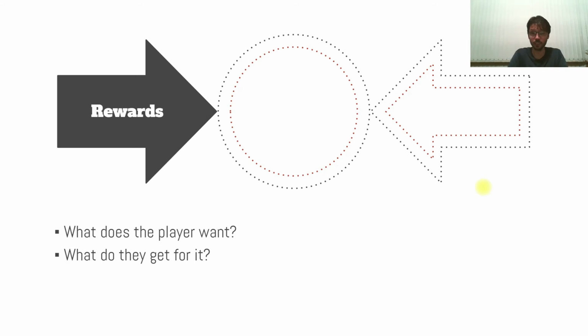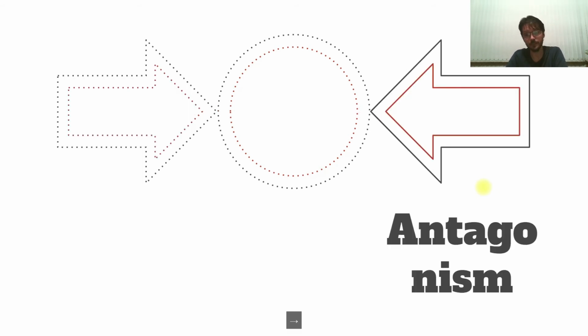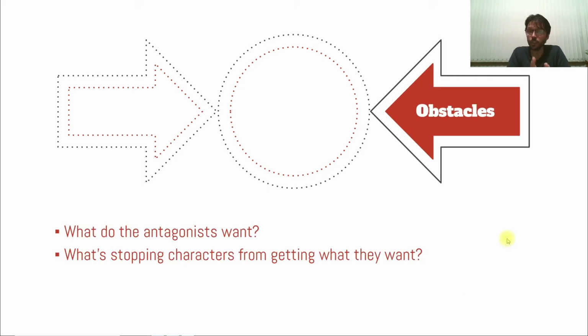So that is protagonism. But this is one force. If we have nothing on the other side, players and characters would simply get what they wanted, and then you don't have a game. That's why we have antagonism. On the fictional world, antagonism is represented by obstacles.